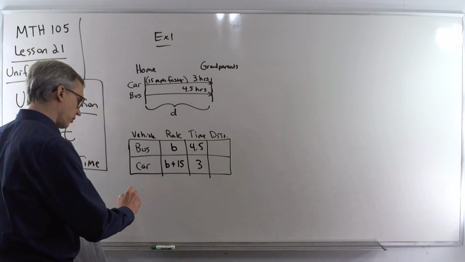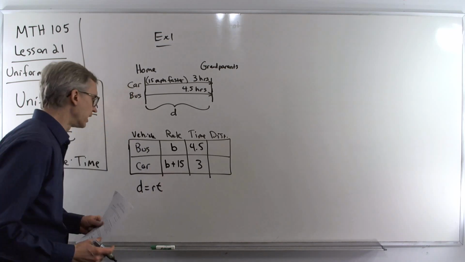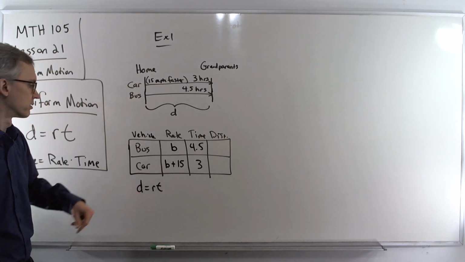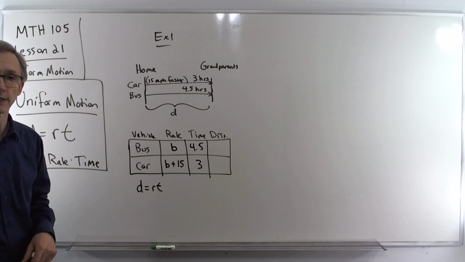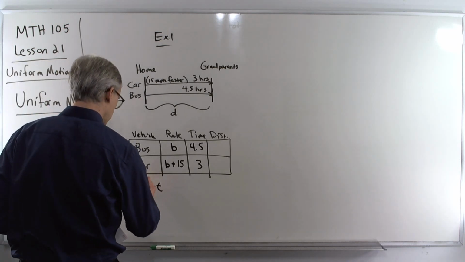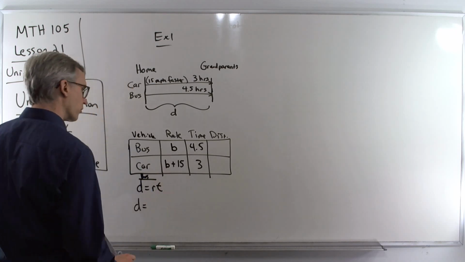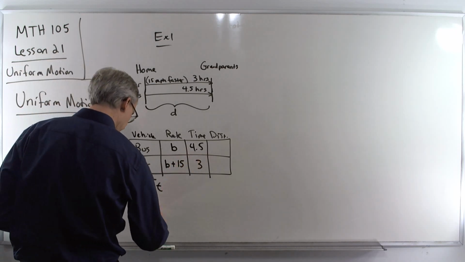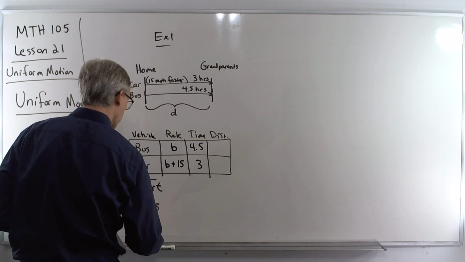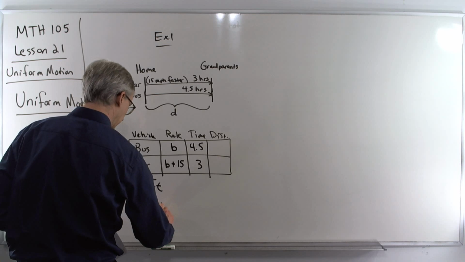And now we can use the equation distance equals rate times time. And for each of these vehicles, we can find an expression for the distance. So for the bus, the time is 4.5 and the rate is b.